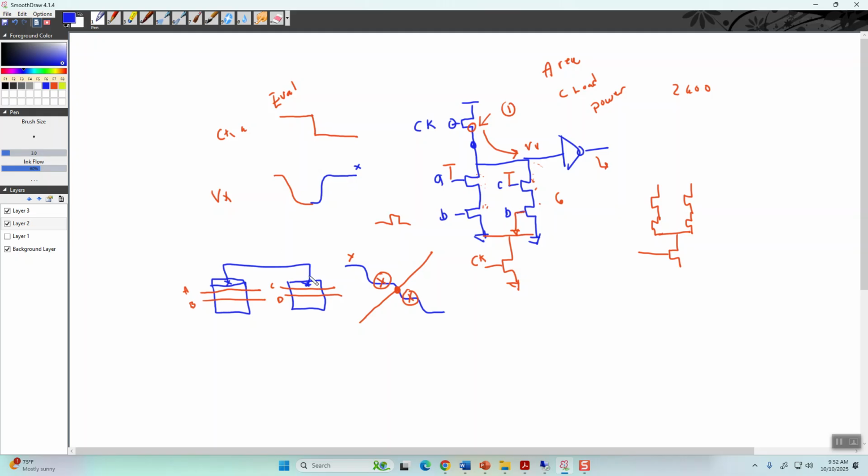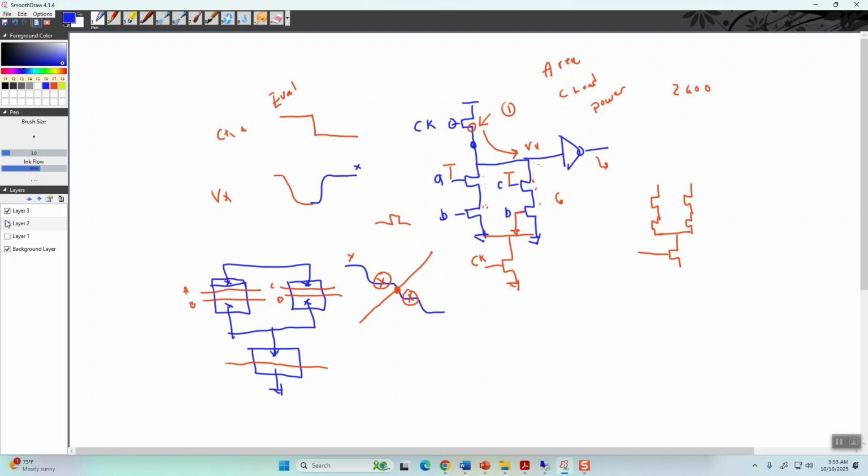And this is a physical wire. I can draw the footer. And again, the body connection isn't shown. So you can see all those areas.